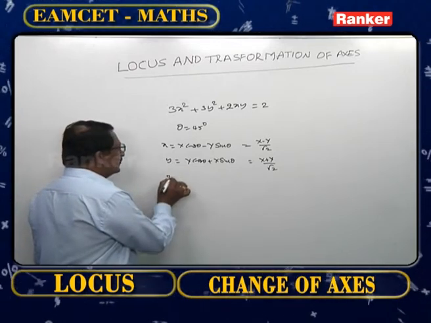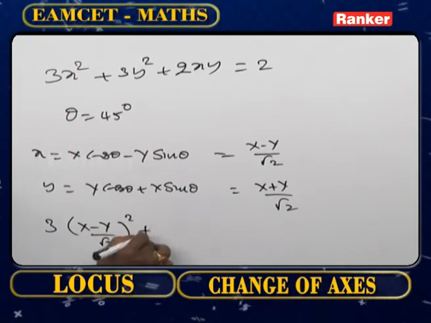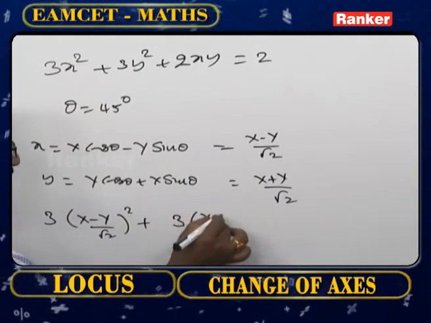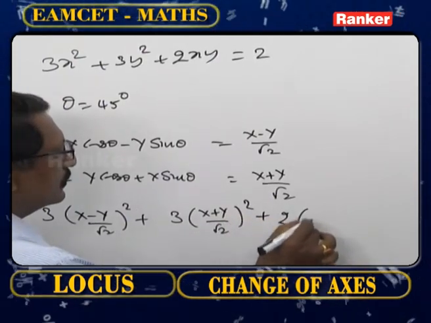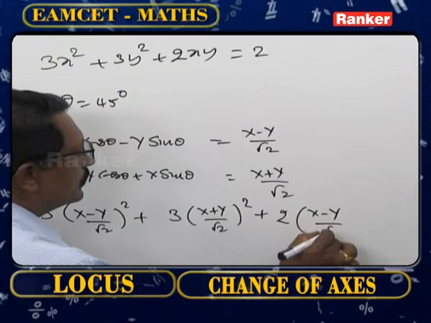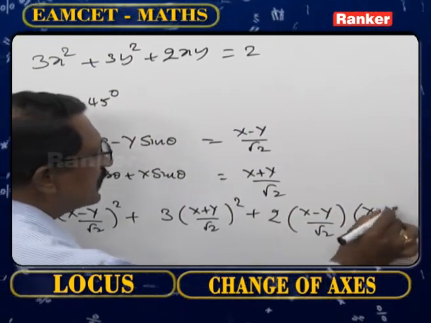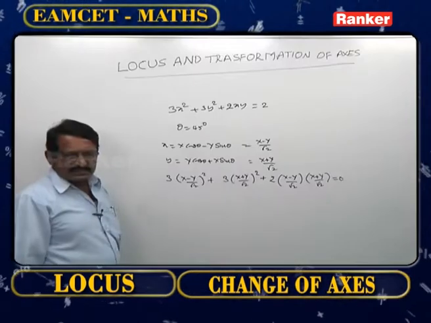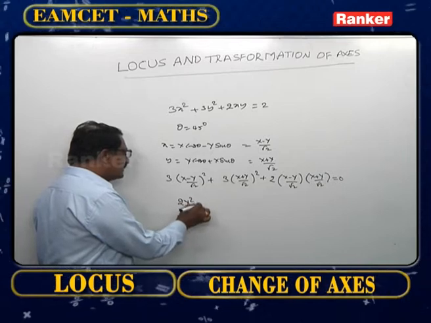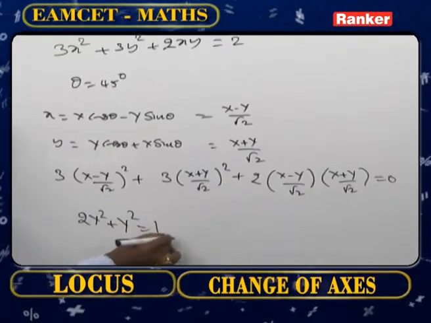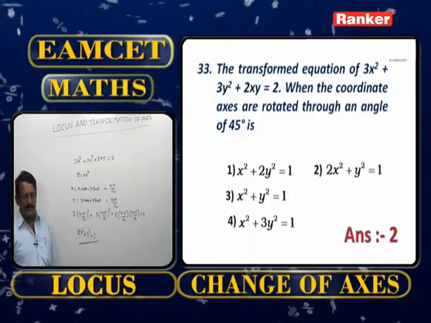We get 3 into ((X minus Y) by root 2) whole square, plus 3 into ((X plus Y) by root 2) whole square, plus 2 into ((X minus Y) by root 2) into ((X plus Y) by root 2), equals 2. Further simplification gives 2X square plus Y square equals 1. Therefore, the second option is correct.